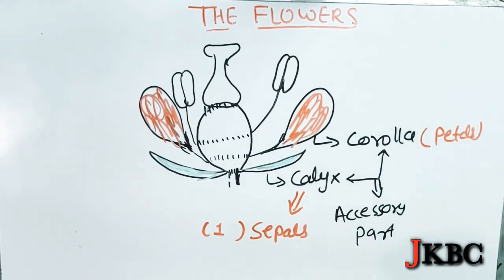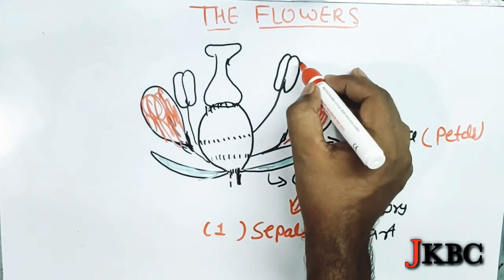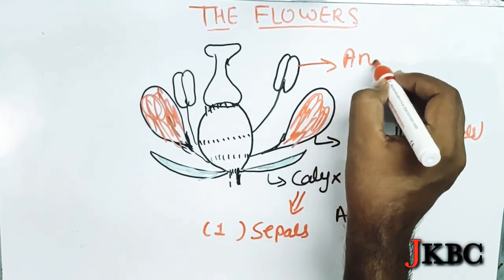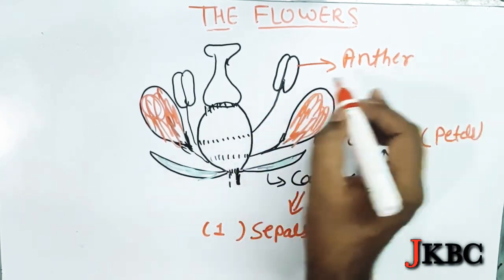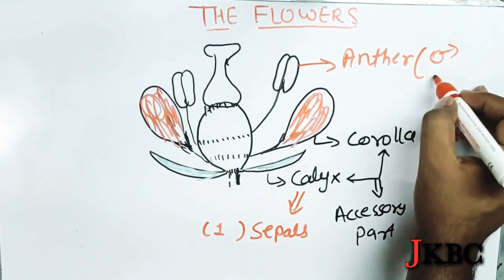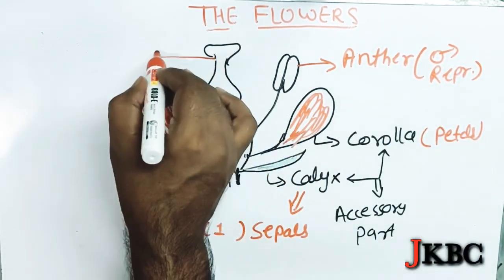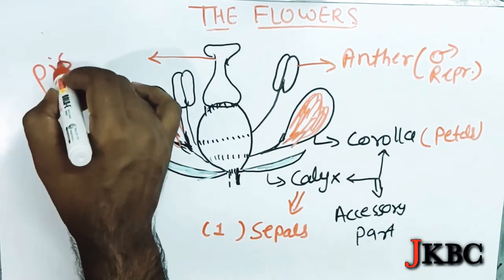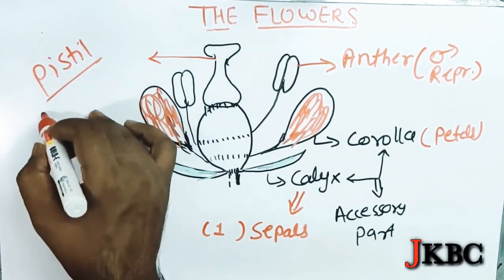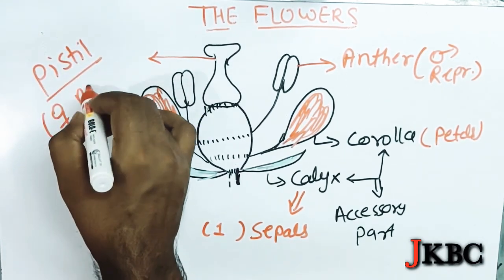Now same is calyx. Now this is the anther. This is the male reproductive part. Now this is the pistil. This is the female reproductive part.